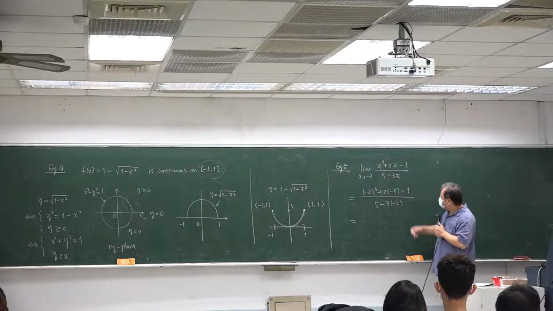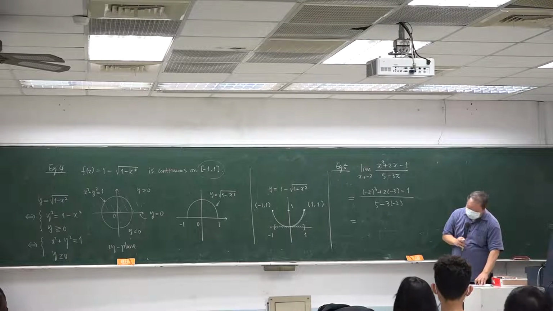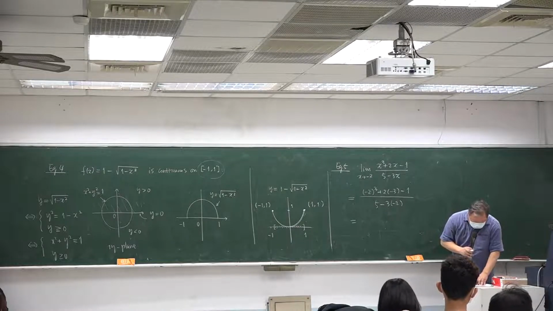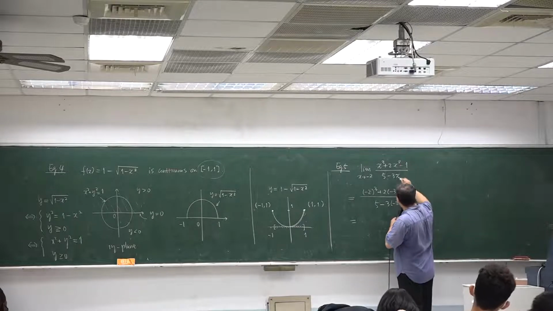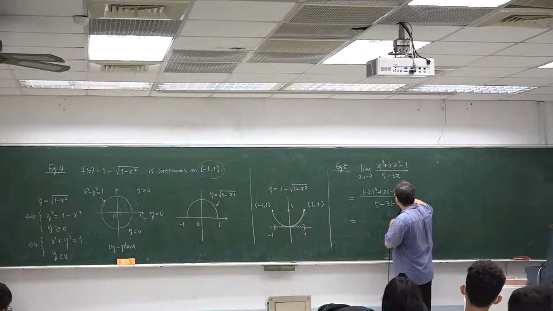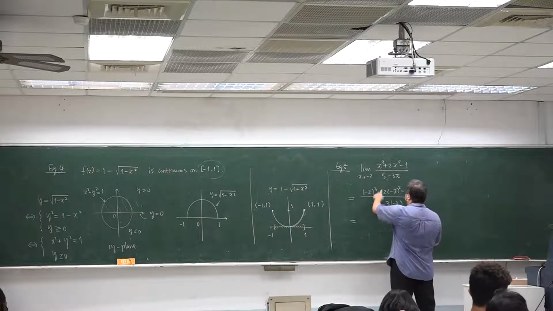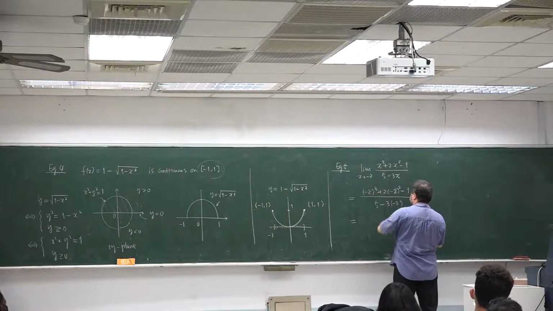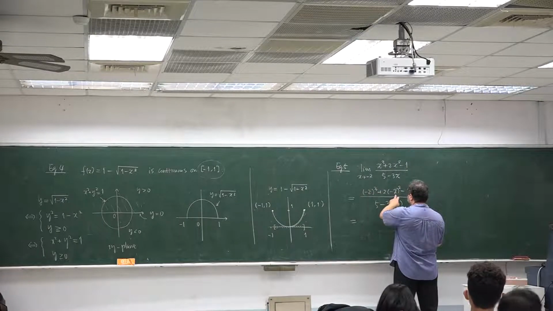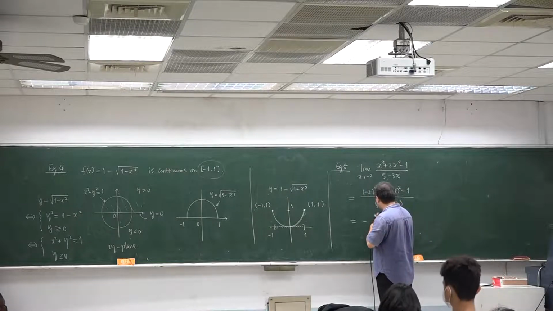And the denominator is 11. Oh, wait a minute, 2x squared, huh? Squared, minus 2, minus 8, this is 8, cancel. So we have a minus sign, and this is 11.